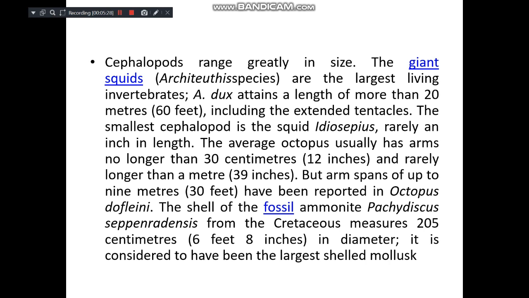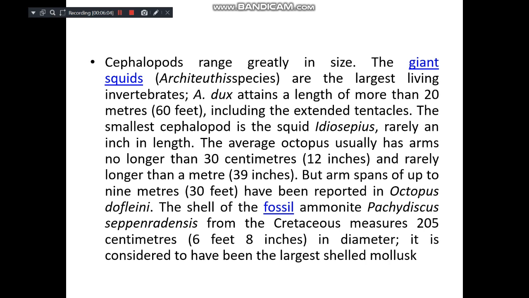There are also some smallest cephalopods or squids which can be less than an inch in length. The average octopus has arms up to 30 centimeters.